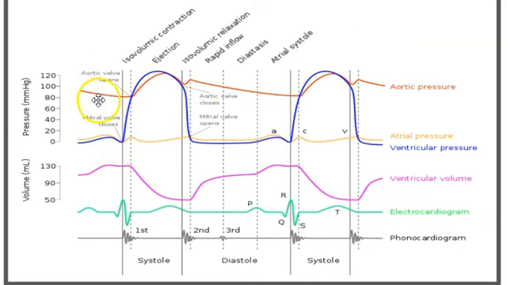Looking at the X and Y axes, pressure is up here, and we're talking about ventricular and atrial pressures during the cardiac cycle, as well as volumes, primarily the ventricular volume, not so much the atrial volume. A portion of the ventricular volume is pumped out to the systemic circulation in order to perfuse the muscles and the organs with blood and oxygen and nutrients and so on.